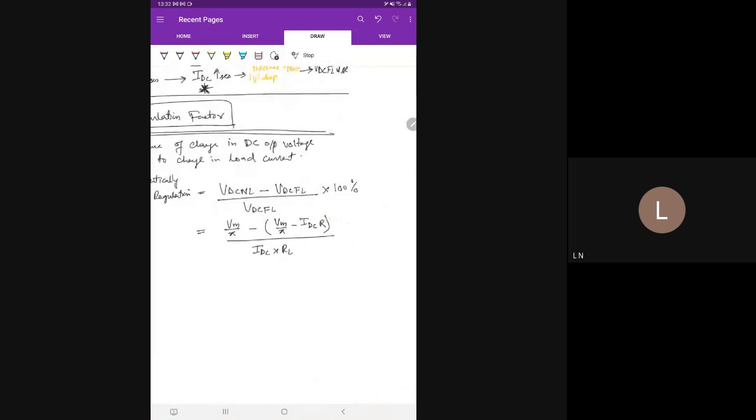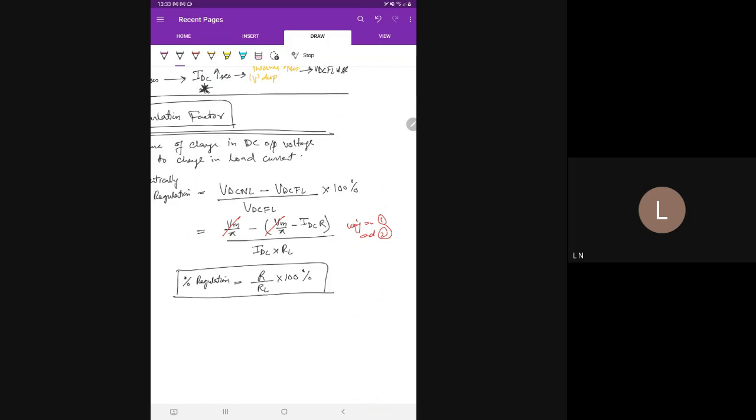Now if we expand or simplify this term, you will see that this term will be gone with this term, and finally we will be left with percent regulation equal to R divided by R of L into 100%. This is the percent regulation.